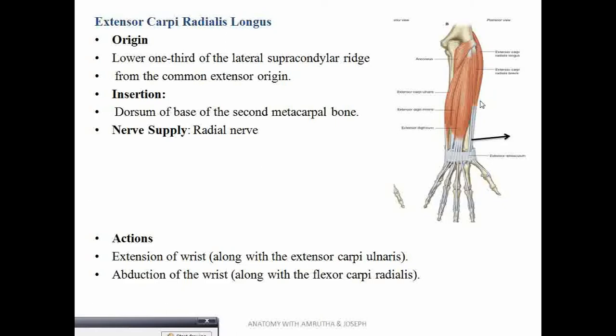Insertion, dorsum of the base of the second metacarpal bone. Nerve supply is the radial nerve. Actions, extension of the wrist, because it passes posterior to the wrist, so it can extend the wrist along with extensor carpi ulnaris.